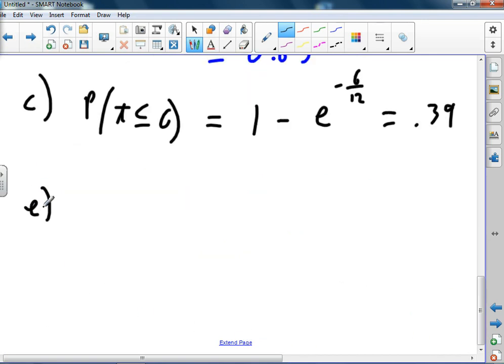D. What is the probability of 30 or more seconds between arrivals? Okay, so we want the probability t is greater than or equal to 30.